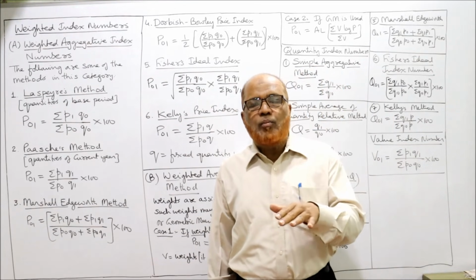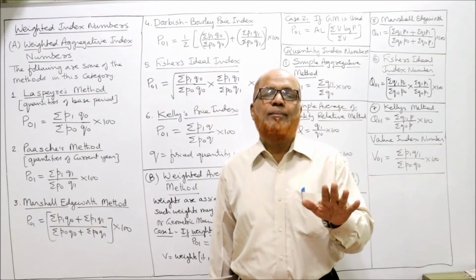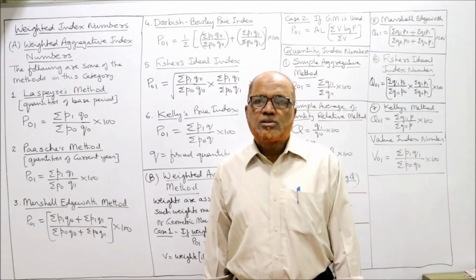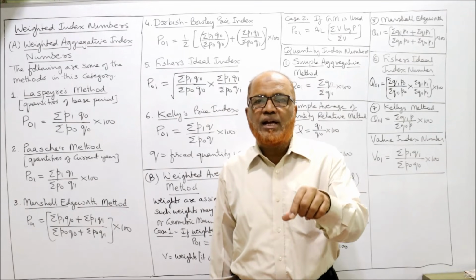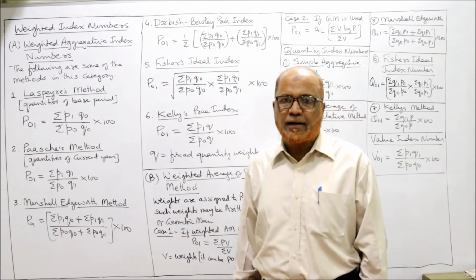Some items are more important, some items are less important. In that case, it is not fair to give equal importance to all the items. So weighted index number will be applied whenever different weights are allotted to different items included in the index.